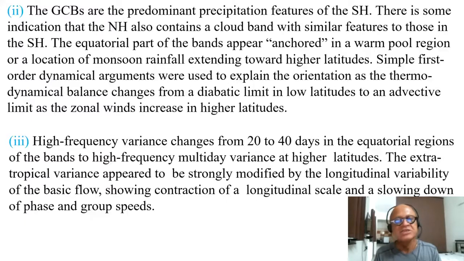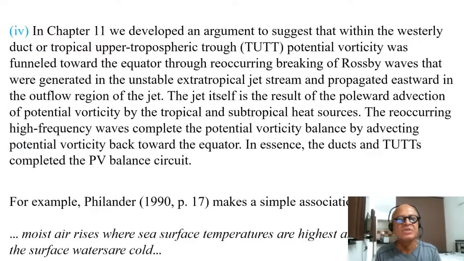So ITCZ turns out to be a combination of multiple of these things. In chapter 11, we developed an argument to suggest that within the westerly duct or tropical upper tropospheric trough, potential vorticity was funneled towards the equator through reoccurring breaking Rossby waves that were generated in the unstable extratropical jet stream exit region and propagated eastward in the outflow region of the jet.